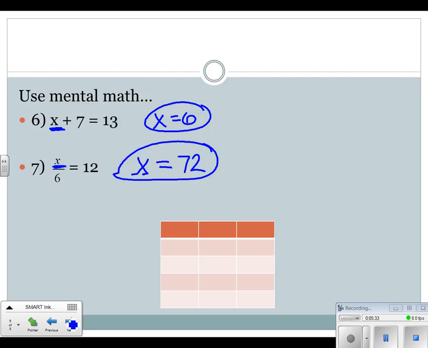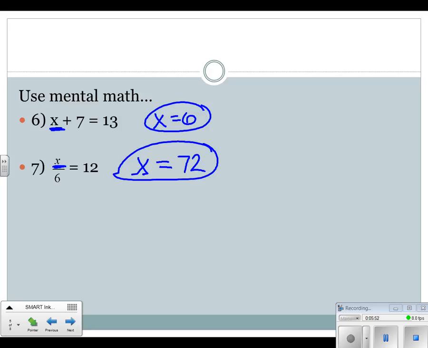We also know that 6 times 12 is 72. So we can work backwards, and we're going to be solving more equations showing our work next week. But we also can do some guess and check to see what value divided by 6 is 12, and you do end up with 72.